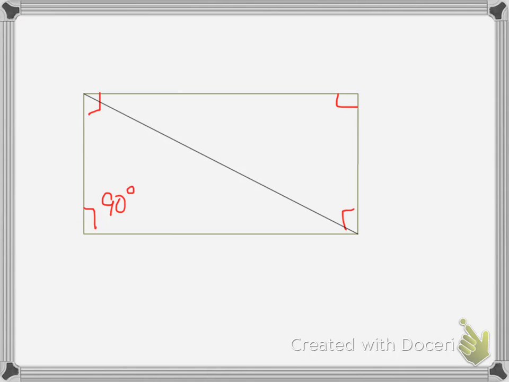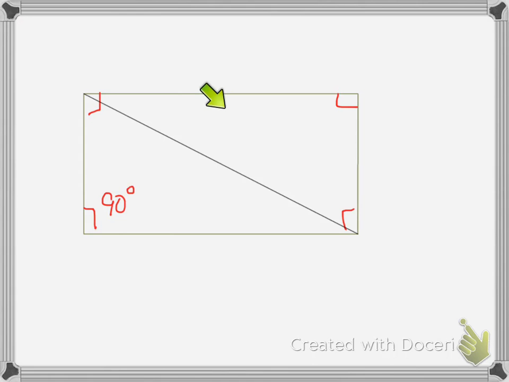So think about that, and then we'll discuss it. Okay, so you may have noticed that these triangles are congruent, and one way we could think about this is by showing the angles to be congruent.